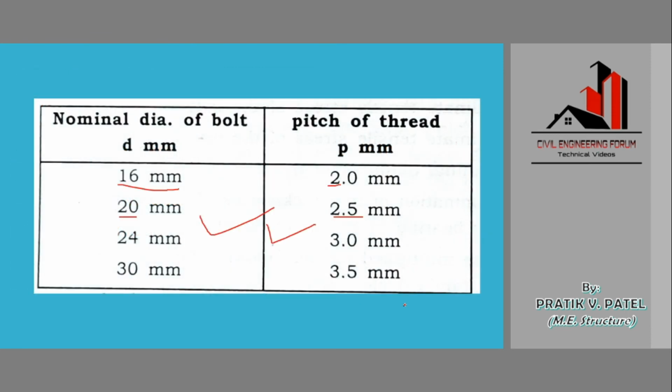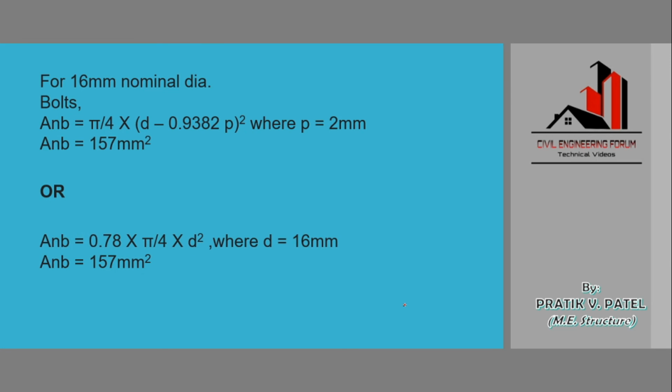This is the table for pitch, as I already have explained. And now if I consider an example for calculation of ANB, if I calculate ANB by using both the formulas, that is pi by 4 into d minus 0.9382p whole square, and directly 0.78 as coefficient multiplied with pi by 4 d square, the answer will be the same. This will be proved by this. If we take a nominal diameter bolt of 16 mm and calculate ANB by using this formula, pi by 4 into 16 minus 0.9382 into p, and what is the p that I explained?